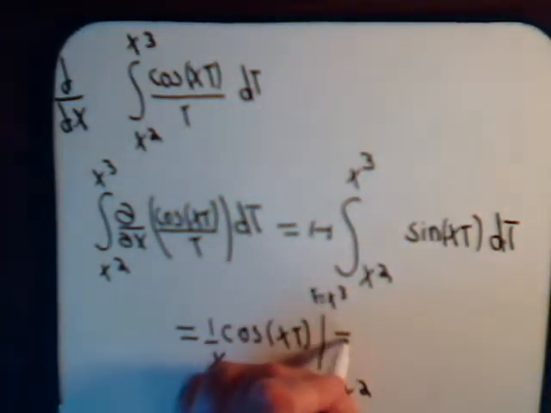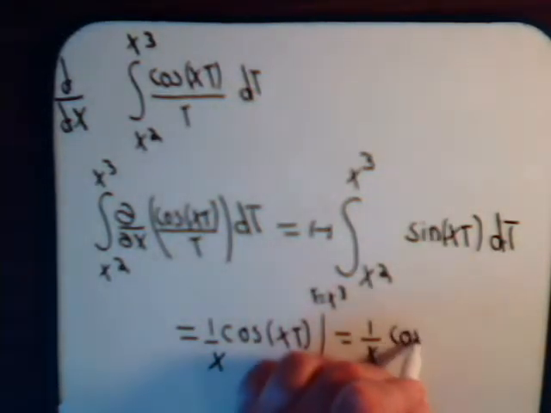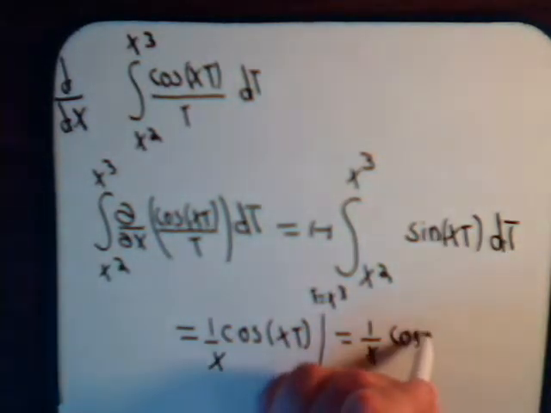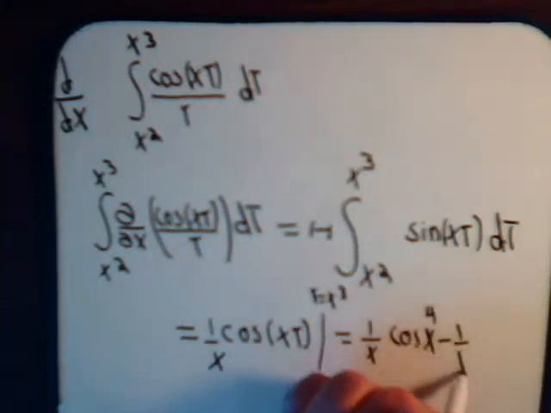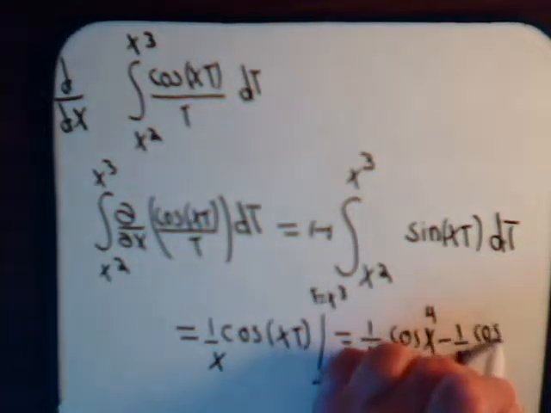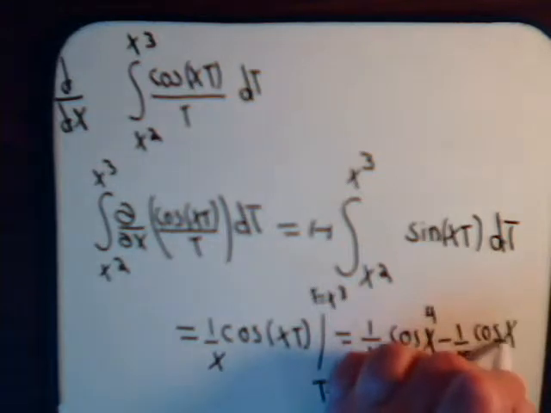So this will equal 1 over x times the cosine. T equals x cubed. So x cubed times x, that's x to the 4th, minus 1 over x cosine. Now here we have x squared, t equals x squared times x, that's x cubed.